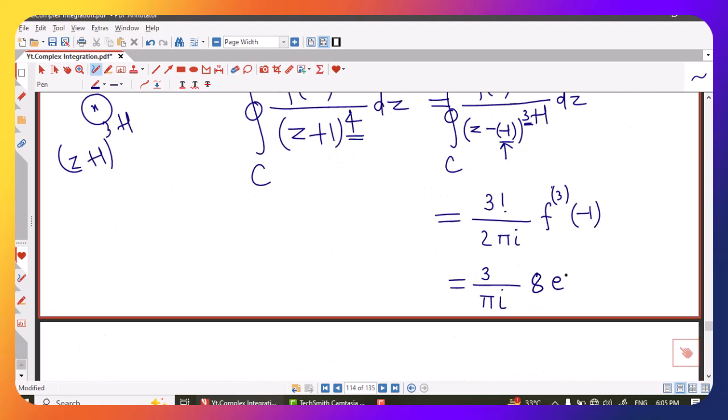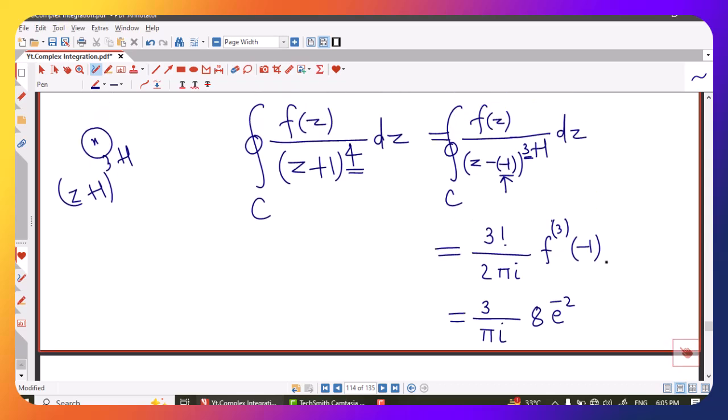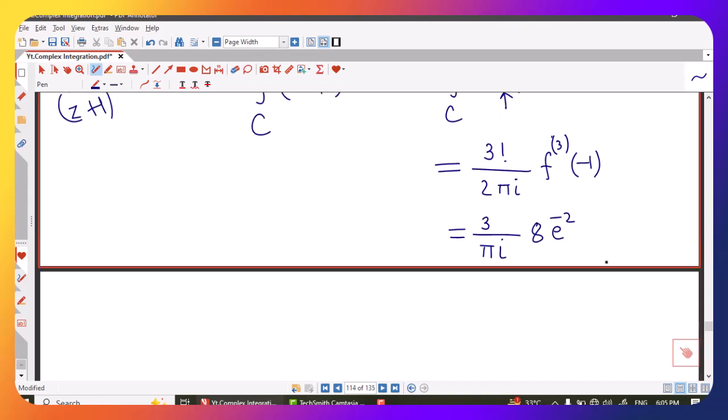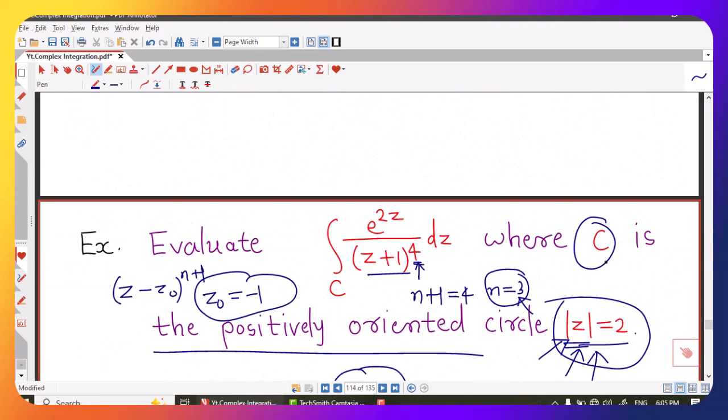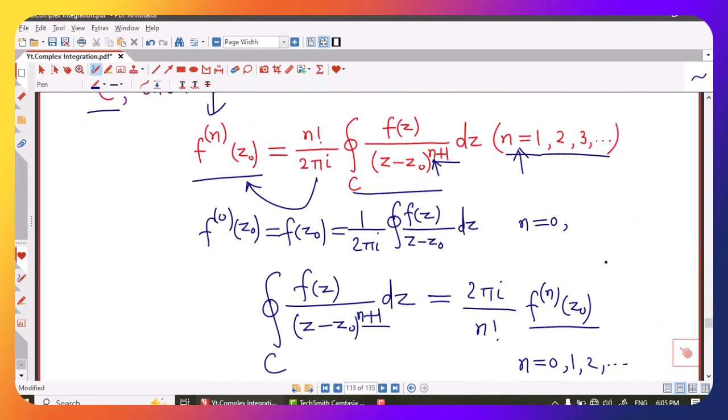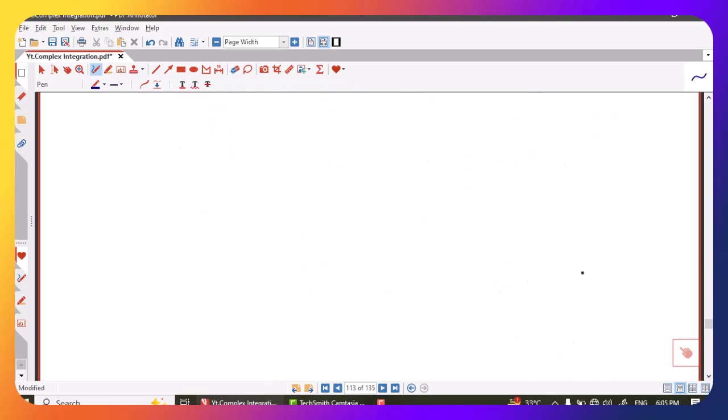So here we write 8 into e raised to minus 2, and this is going to be, let me check again here, if we transfer this n factorial on this side, then I will have 2 pi I divided by n factorial.